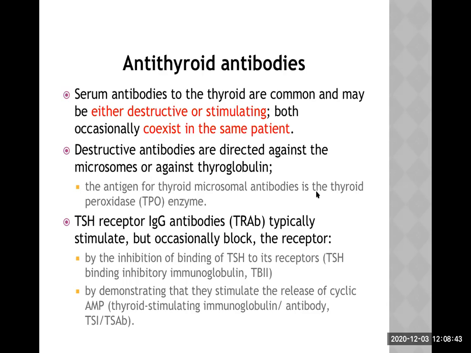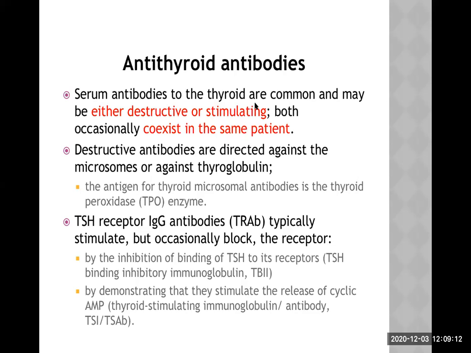Graves' disease is a type of autoimmune disease. Hashimoto's thyroiditis is also a type of autoimmune disease, okay? But the type of antibody which may be present in those conditions is a bit different. Sometimes, similar types of antibodies may be found in both conditions also. Okay, so with this, let's enter into this slide.